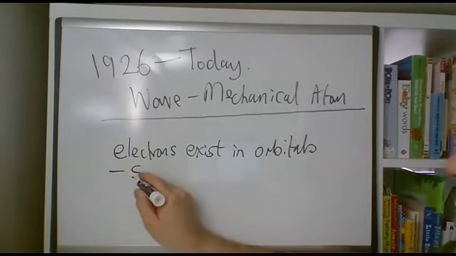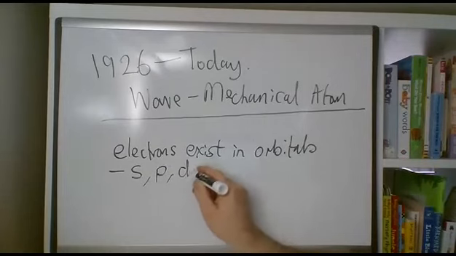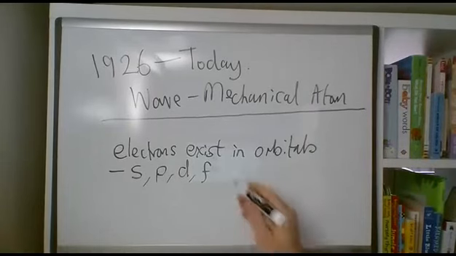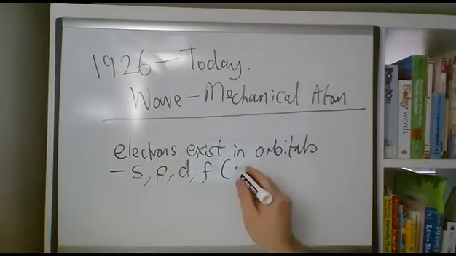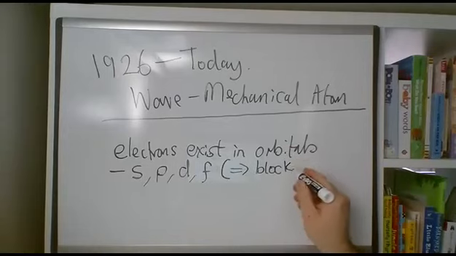So we can have s orbitals, p orbitals, d orbitals, and f orbitals. Now you'll probably recognize these letters from the periodic table. These are the blocks in the periodic table.